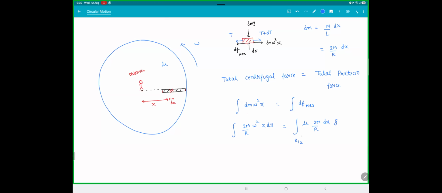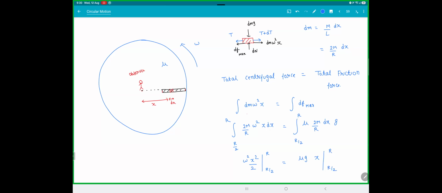Limits will go from r by 2 to r on both sides. Integrate this. 2m by r will cancel on both the sides. This will become omega square x square by 2, limits from r by 2 to r. This will be mu g x, limits from r by 2 to r.